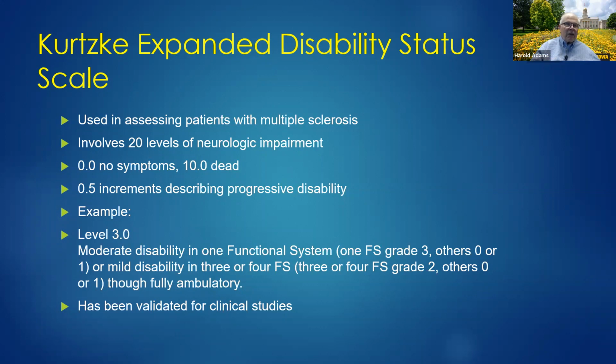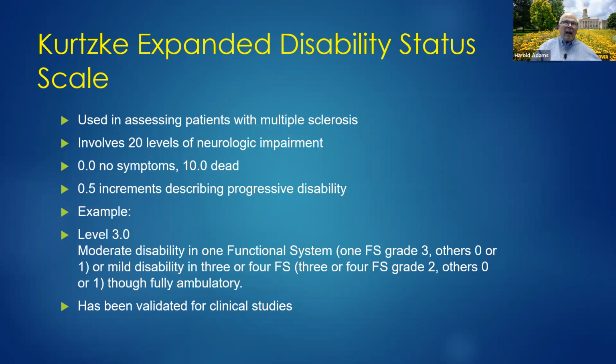So you can have a patient that has a slight change and go from 0 to 0.5, which can describe progressive disability. What I showed here is how you can have a very minor change to go to a different scale. This has been validated for clinical studies.